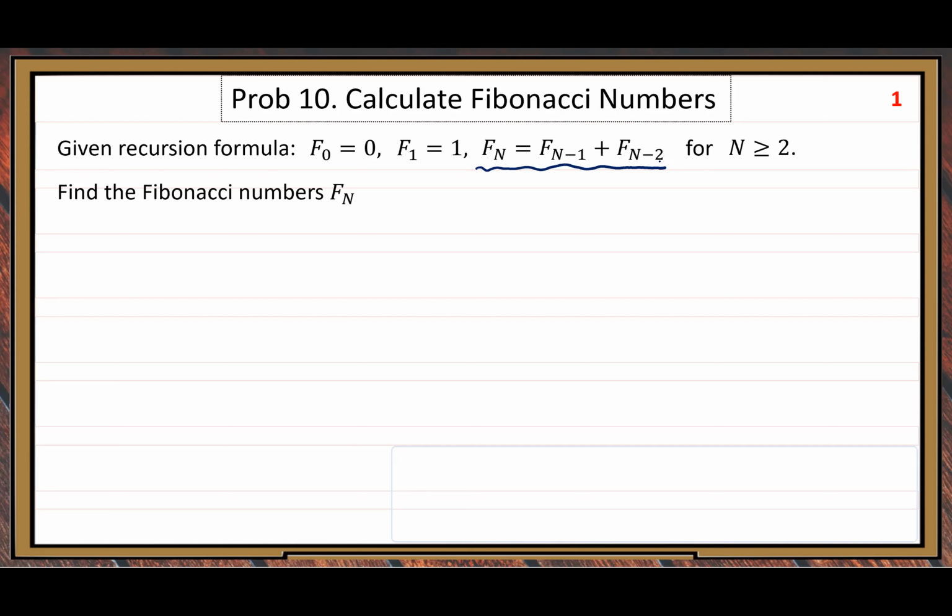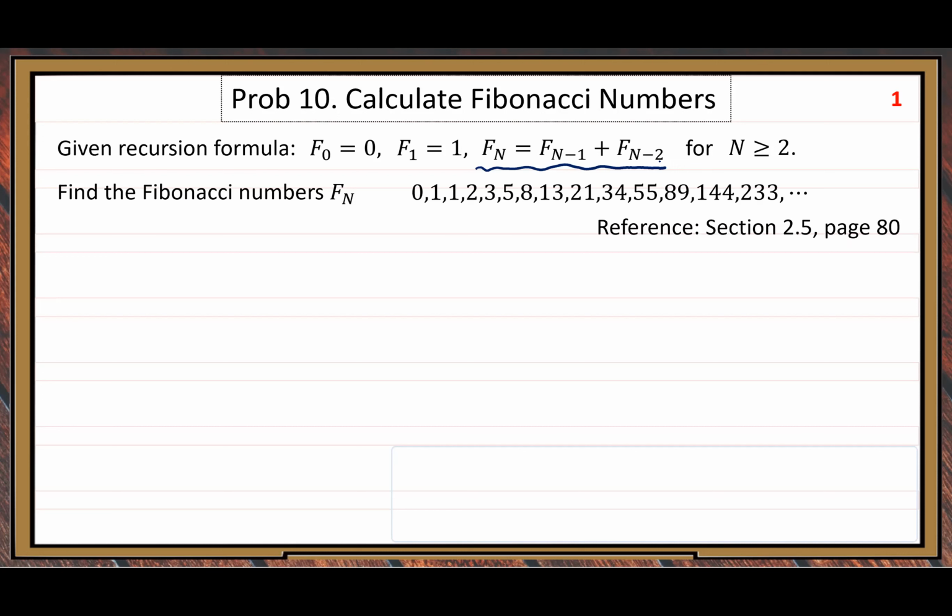Here I list the first few Fibonacci numbers. You can see it is not easy to find simple rules. Can you see any pattern? It's hard to see any obvious pattern here. The reference in our textbook is section 2.5, page 80.